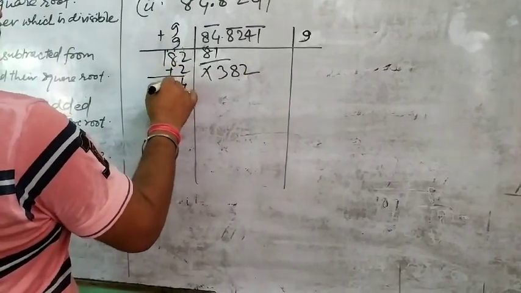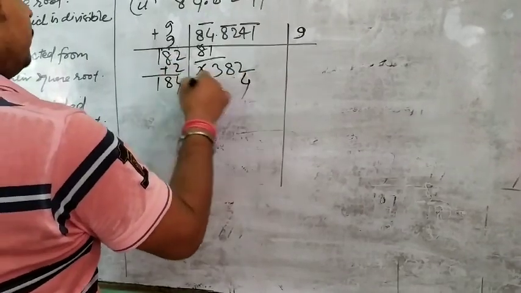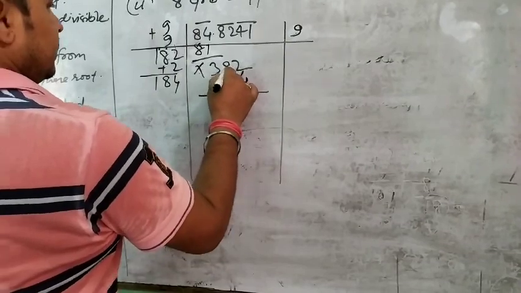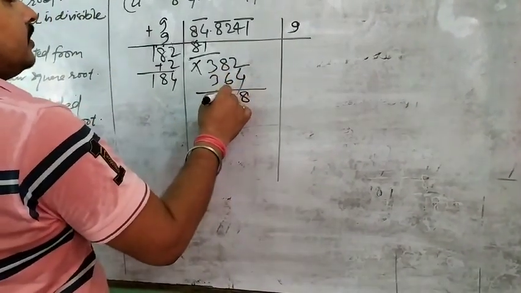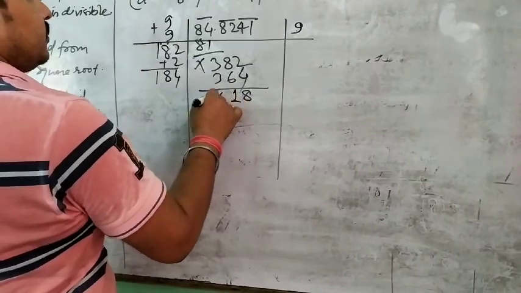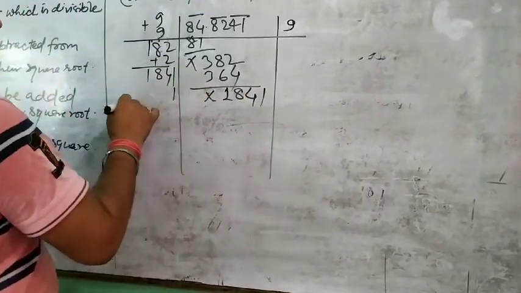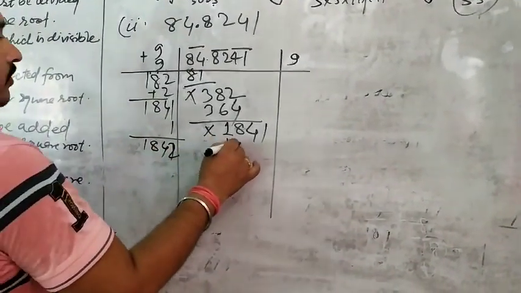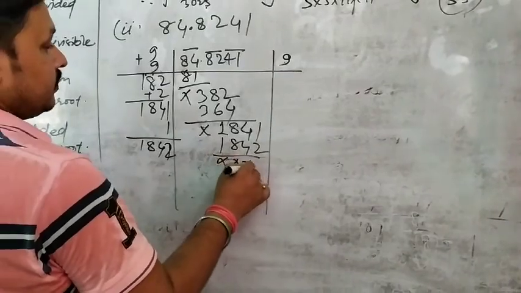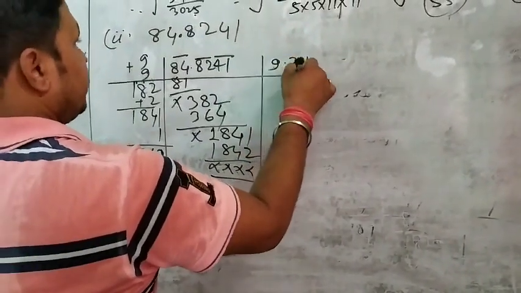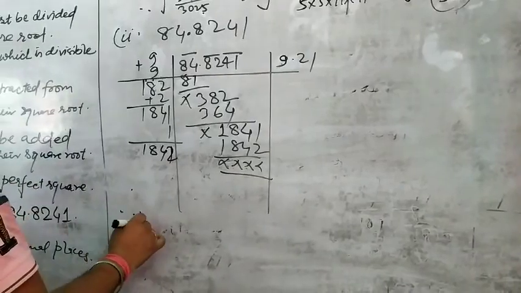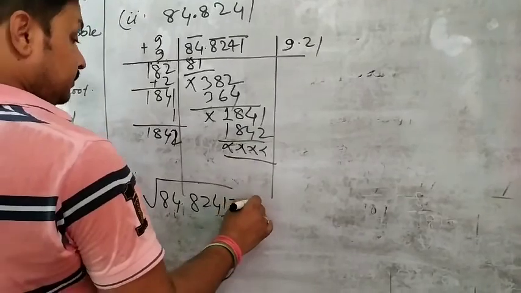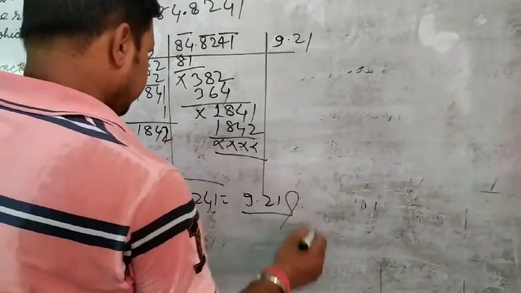Here we add, 2 times 1 is 2, and so on. We get 1, and the next digit is 1. It should be written as 9.21. So the square root of 84.8241 is equal to 9.21.